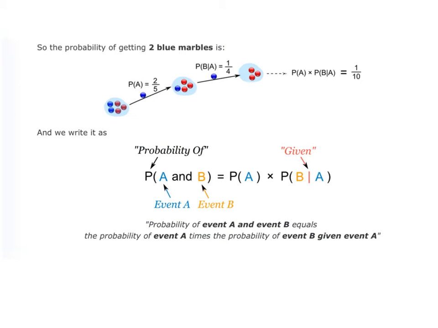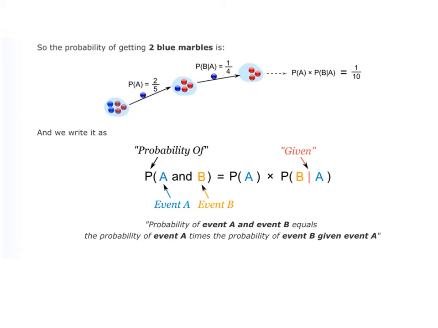So here's a diagram. We used this earlier to analyze getting two blue marbles in my bag, which is 1/10. And the way we write it with our notation is P of A and B, probability of A and event B, equals I calculate the P of A first multiplied by I calculate the probability of event B happening given A. So this is a more elegant way of saying what I just said.